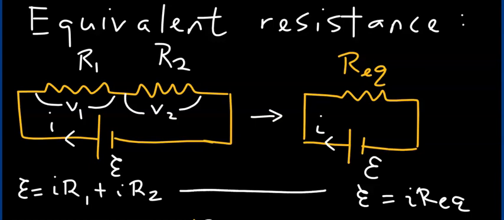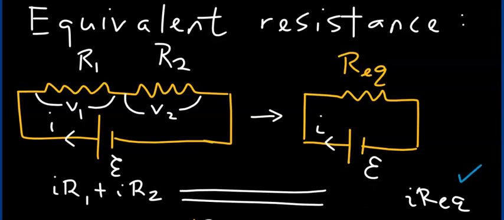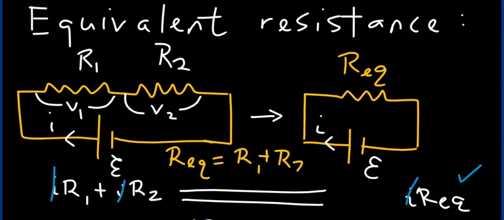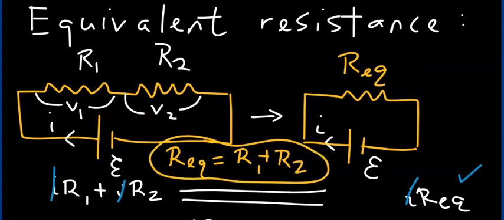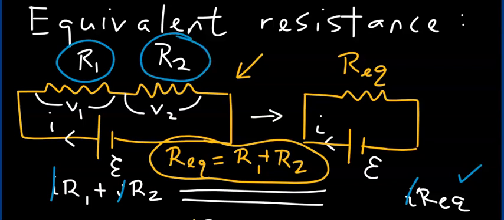Since these two EMFs are the same, we can equate them and we get this equation. The I cancels out because it appears in all the terms, and immediately you see that we obtain an equation for Req as quite simply being R1 plus R2. So this is the equivalent resistance for the circuit. It is quite simply the sum of the resistances of the resistors in that circuit.